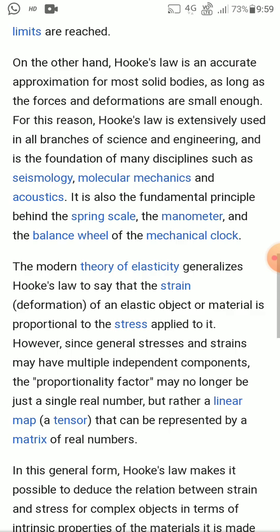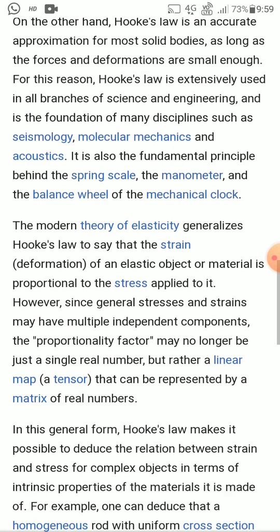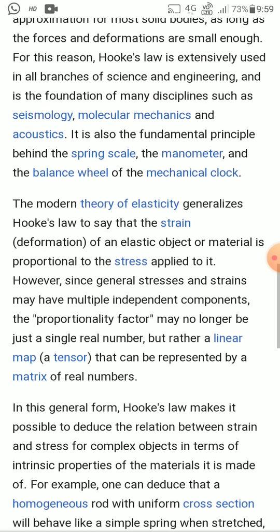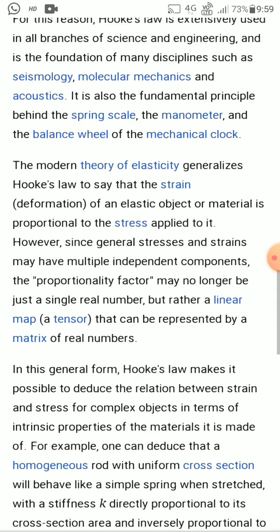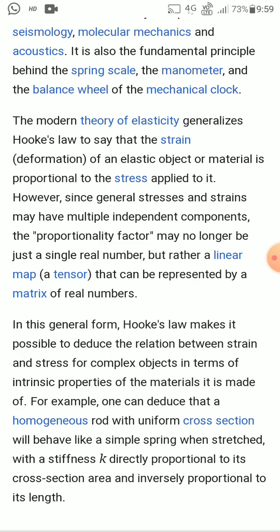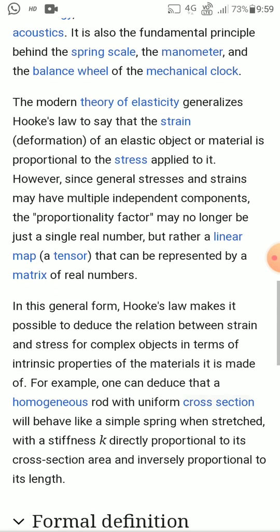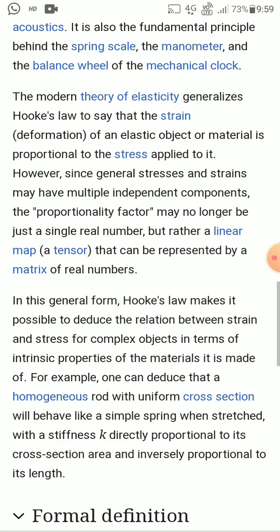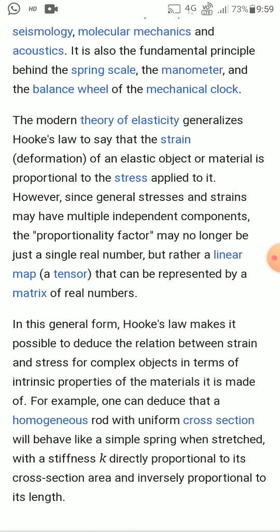However, since general stresses and strains may have multiple independent components, the proportionality factor may no longer be just a single real number, but rather a linear map that can be represented by a matrix of real numbers. In this general form, Hooke's law makes it possible to deduce the relation between strain and stress for complex objects in terms of intrinsic properties of the material it is made of.